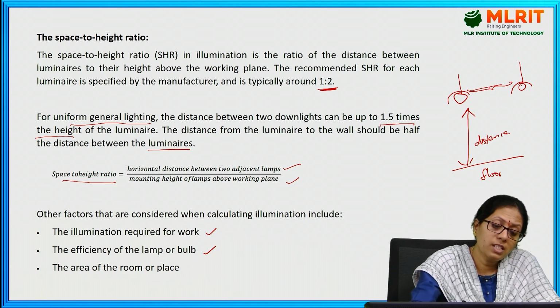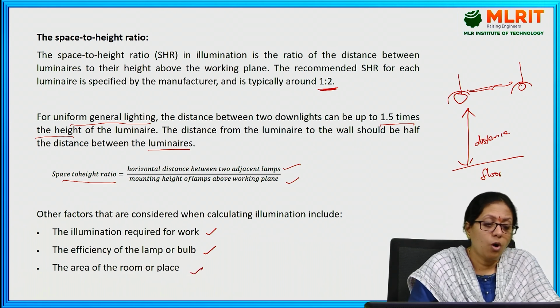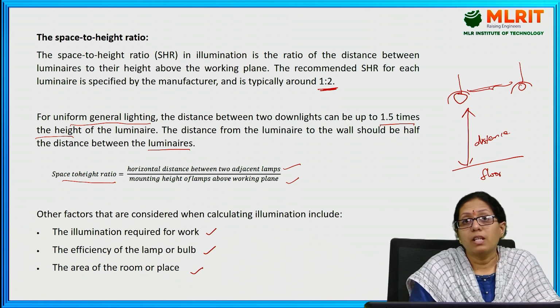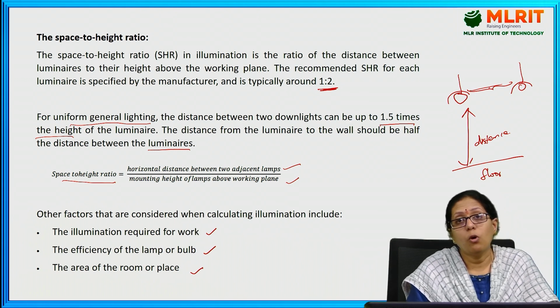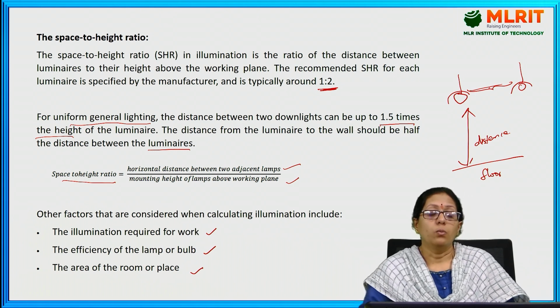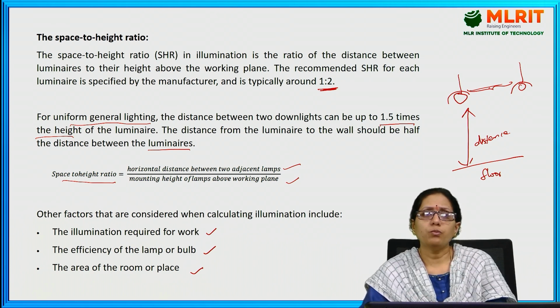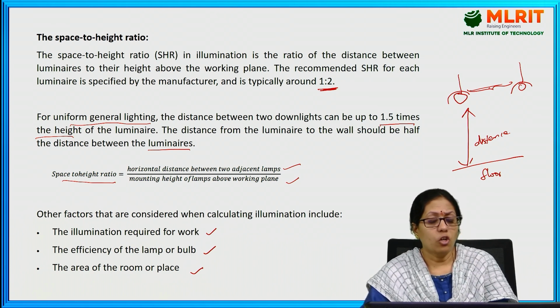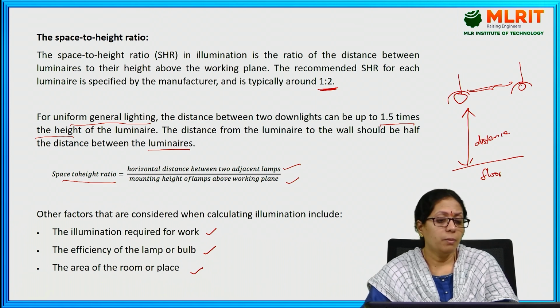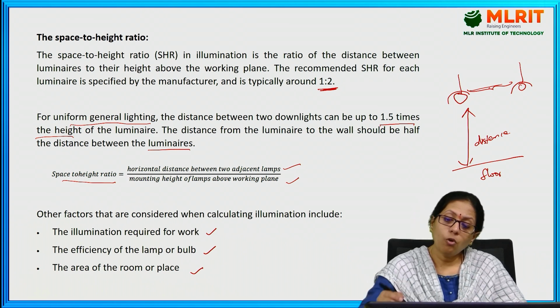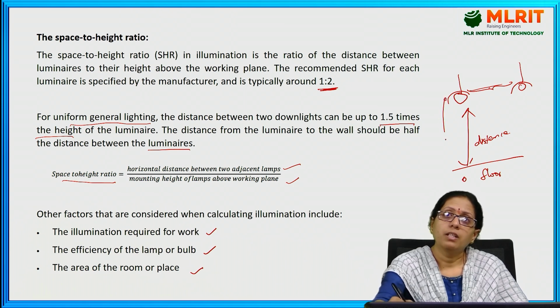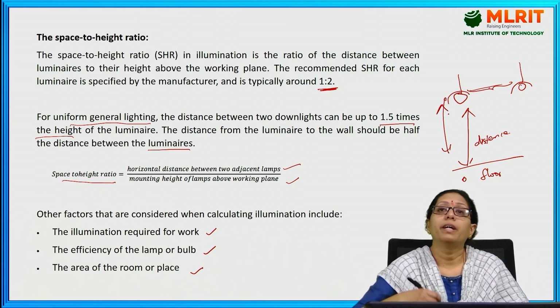The next one is the area of a room or a working place, whether it is a small room or an office or a shopping mall. Based on the room size, we will be deciding the number of bulbs, and the height also matters here. The floor to the lamp distance is also very important.